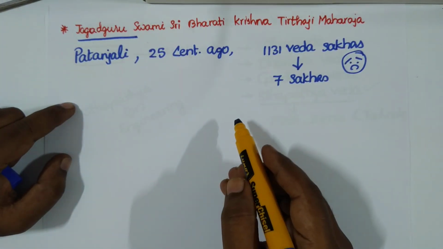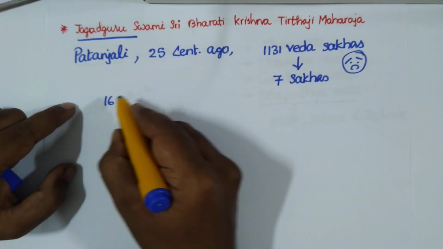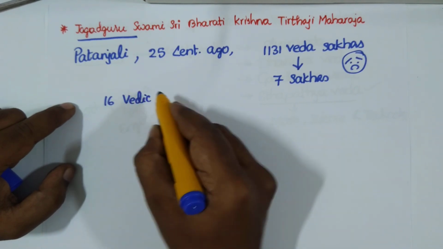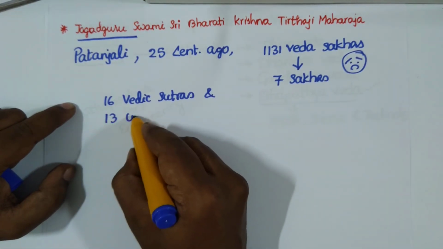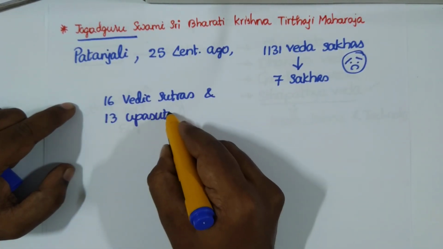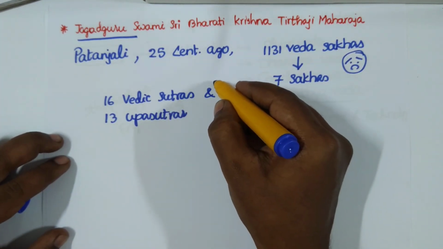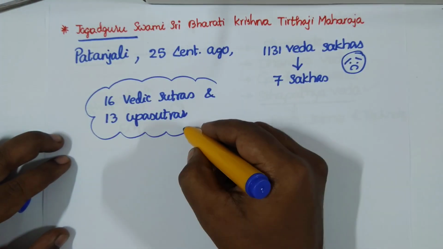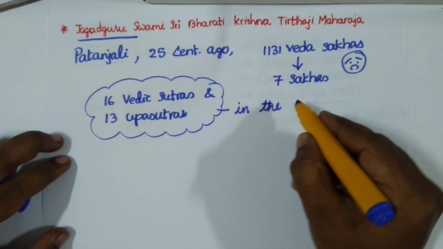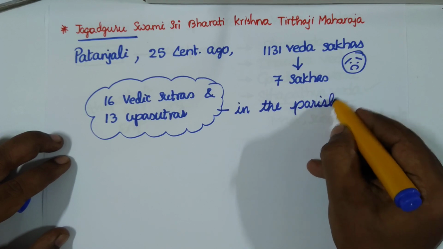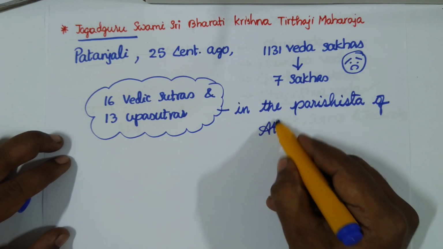Jagadguru Swami Sri Bharati Krishna Tirthaji Maharaj discovered 16 Vedic Sutras and also 13 upasutras in the Parisista of Atharva Veda.